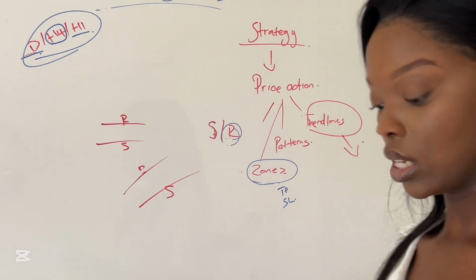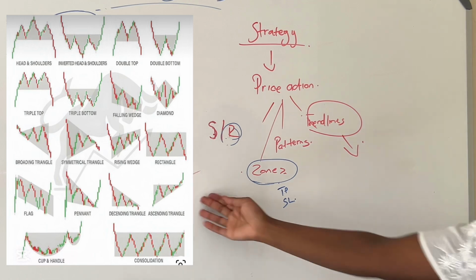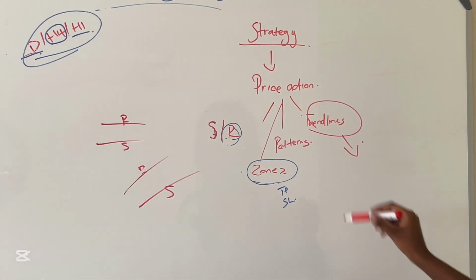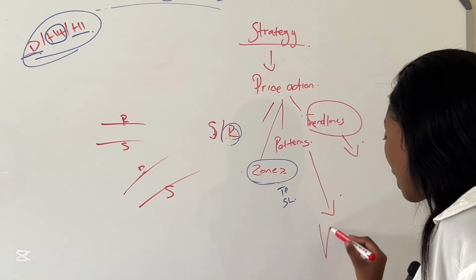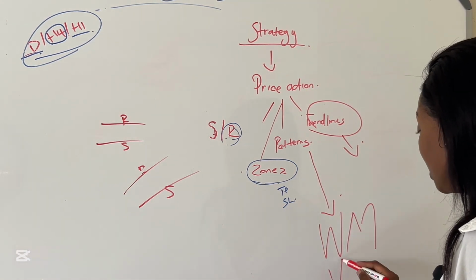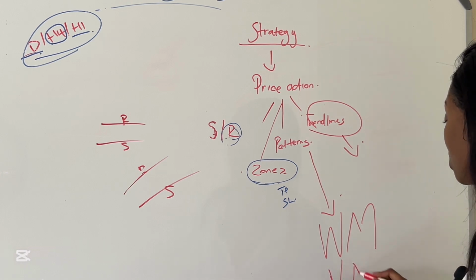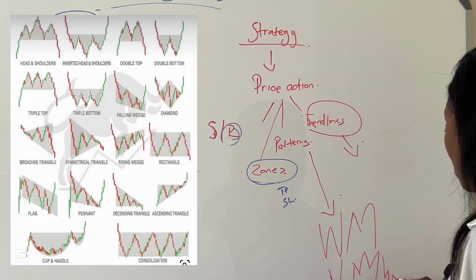So you need to get a PDF and read about this. Then you can understand. Then we have patterns: W's, M's, V's, head and shoulders, and inverted head and shoulders, basically upside down.